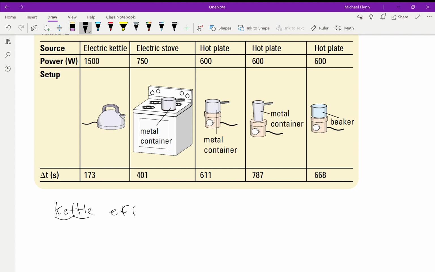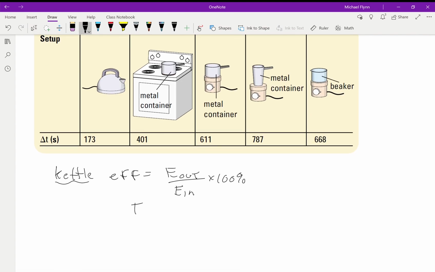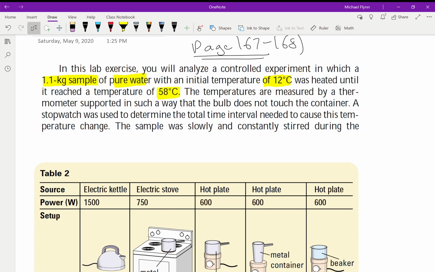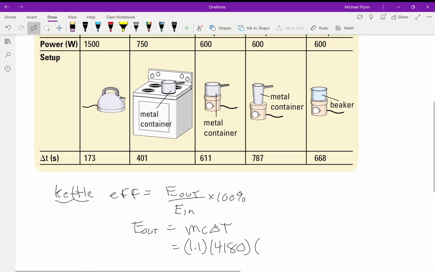The efficiency is energy out divided by energy in times 100%. If you remember from the lab we did before, the energy out when you're heating a quantity of water is mc delta T. So let's figure that out right away from the data at the top. We have pure water, 1.1 kilograms, times 4180 for water. The change in temperature is going to be 58 minus 12.